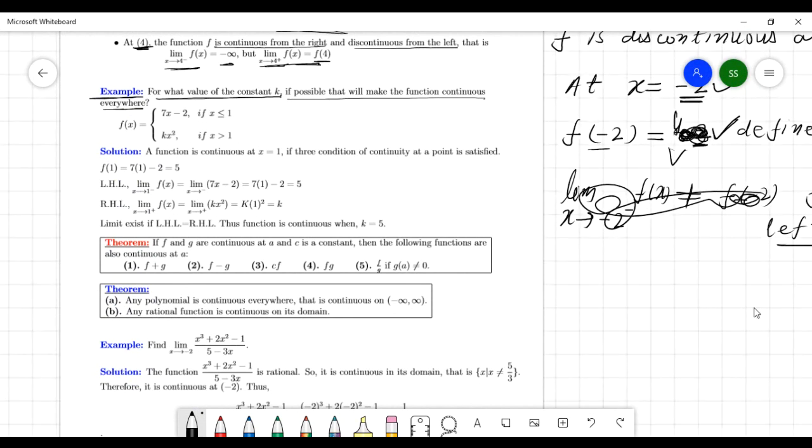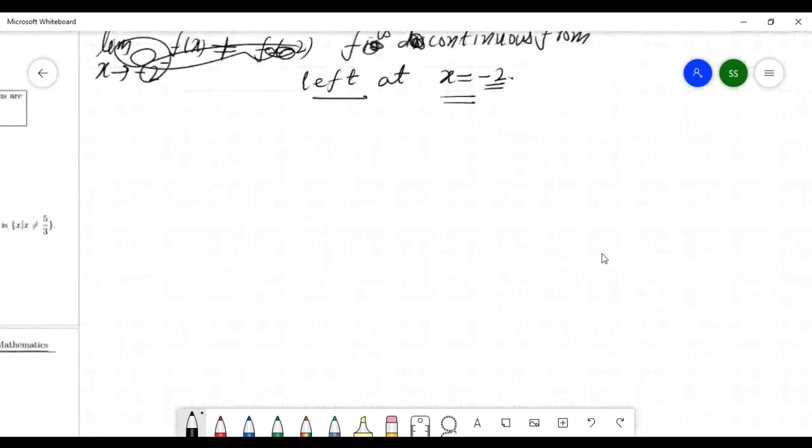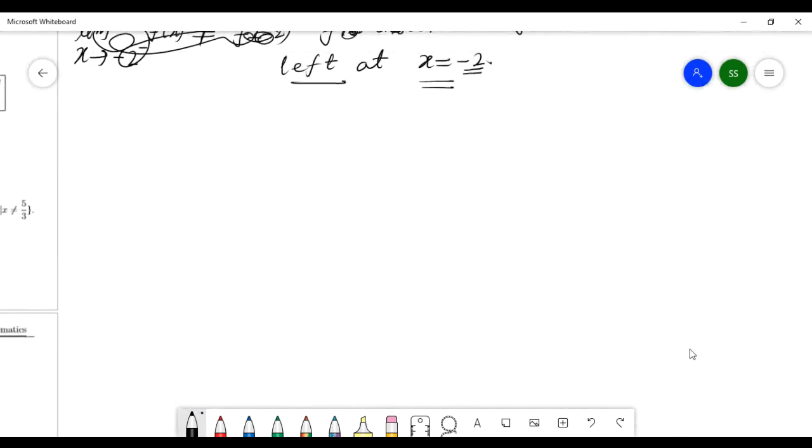See one more example from left and right. See this example. If you have this, here 1, 2, 3 and 4, right?